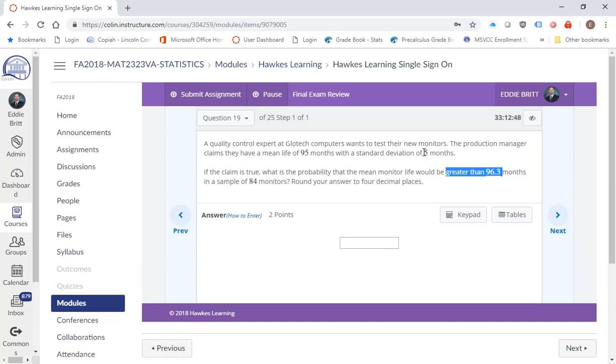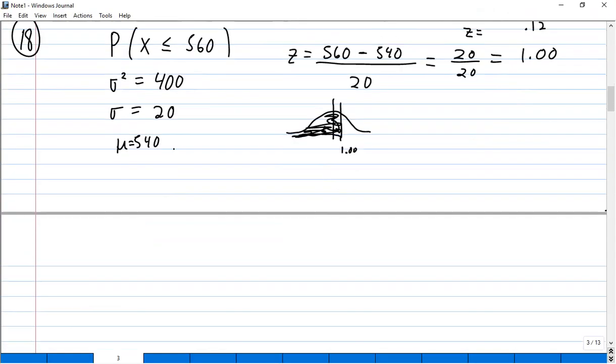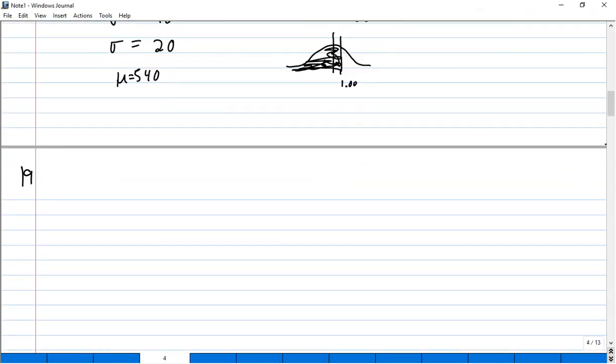Now it gave us a standard deviation. It gave us the claim. This is the population mean. So we just need to figure out a z-score. So let's see, what all did we have in that problem? We had the mean claim. And you can think about that can be x bar or whatever you want to call it. We can just call it x.